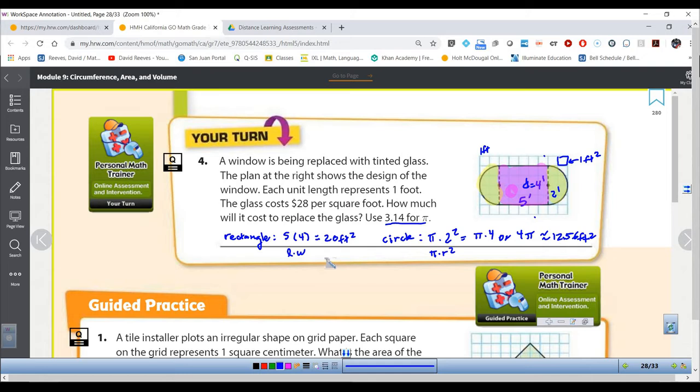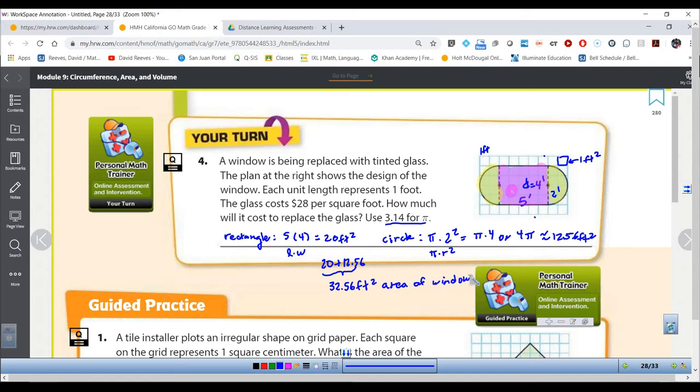So when I add those together, I get 20 plus 12.56, and 20 plus 12.56 makes 32.56 square feet. That is the area of the window.